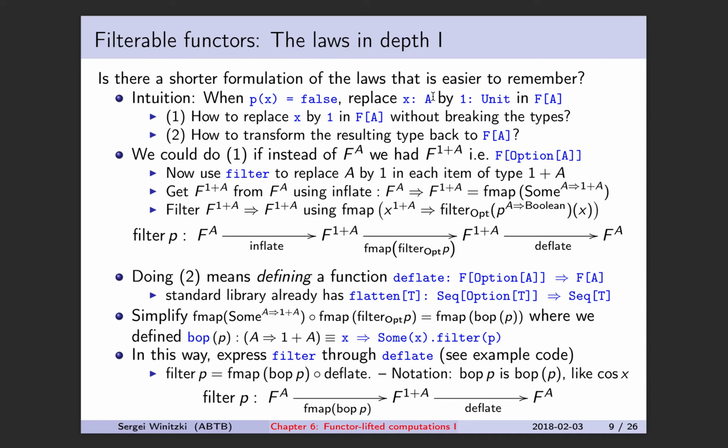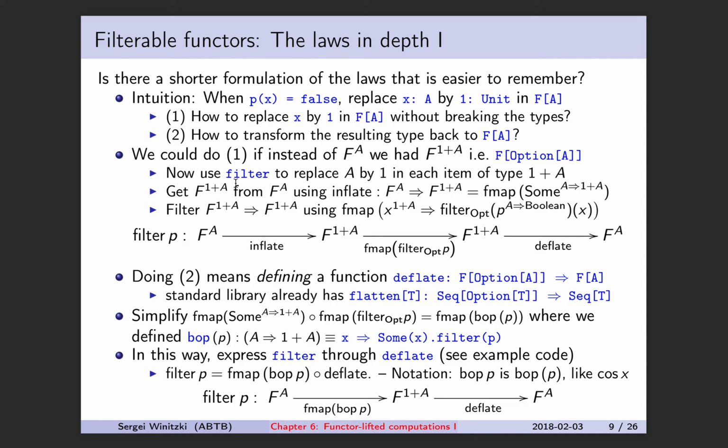I ask, how do we replace by one, by unit? If something is filtered out, our intuition was that it's replaced by a unit. We could replace it if we actually had a disjunction type that had a unit as one of the parts of the disjunction. In other words, this is an option type.